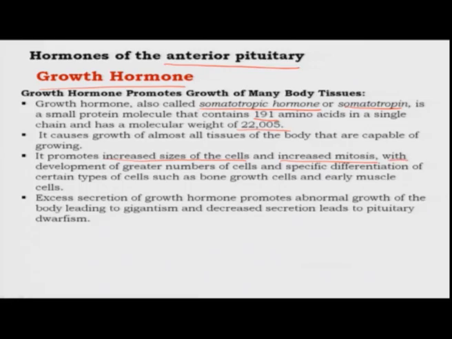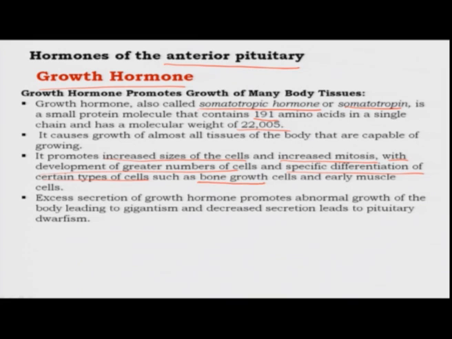With the development of a greater number of cells and specific differentiation of certain types of cells, these cells will not only divide and increase in number, they will also undergo this process of differentiation, which is known as specialization, so that they become specialized to perform the function that they are supposed to perform in that tissue or organ. For example, bone growth and early muscle cells are known to respond very much to growth hormone.